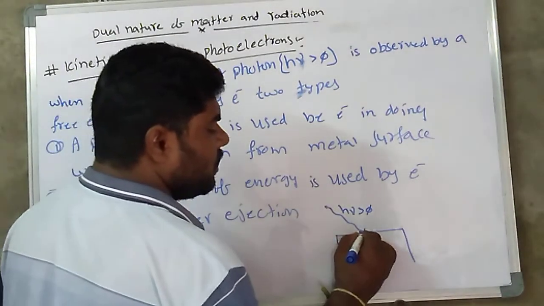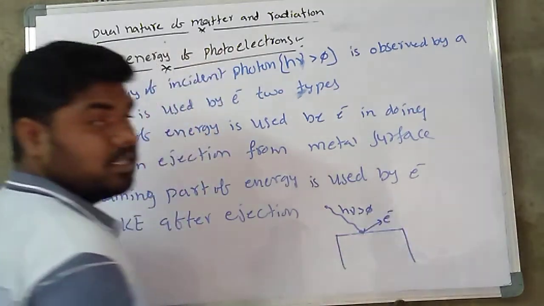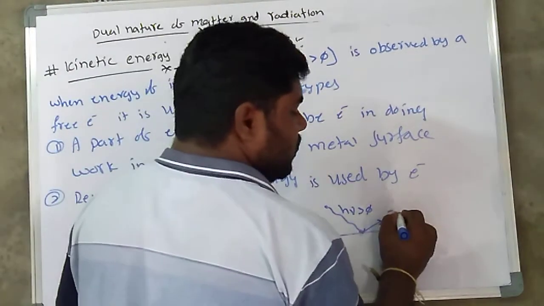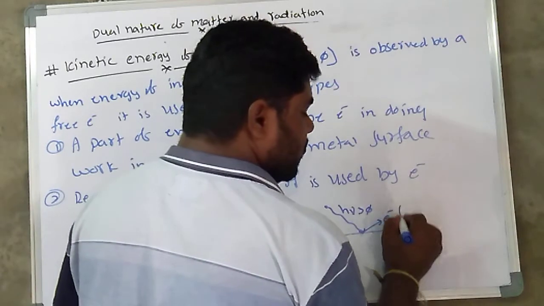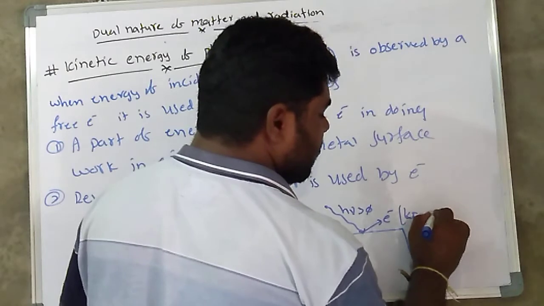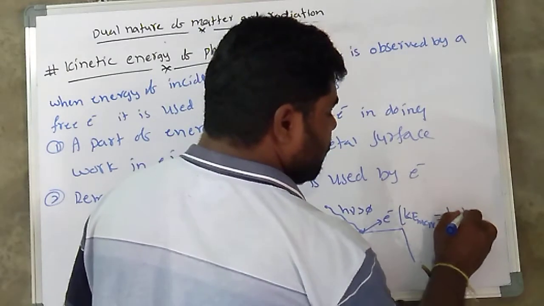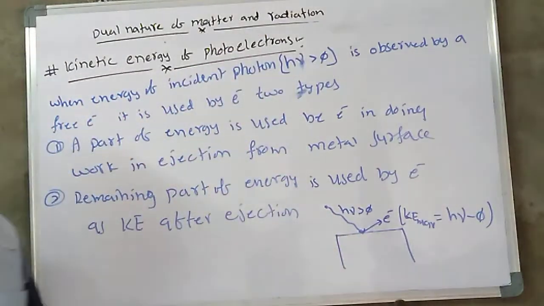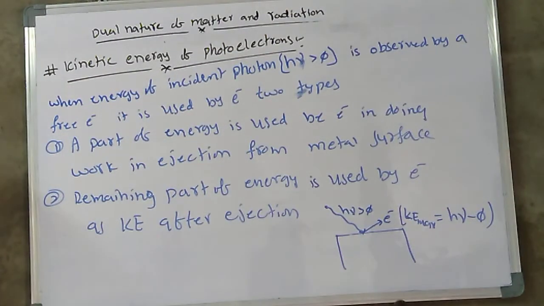Here the electron is ejected. This electron's energy is the kinetic energy. Here the maximum kinetic energy is equal to h mu minus work function, since h mu is bigger than the work function.